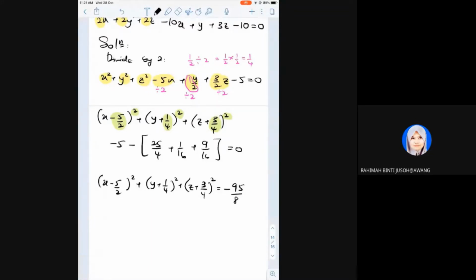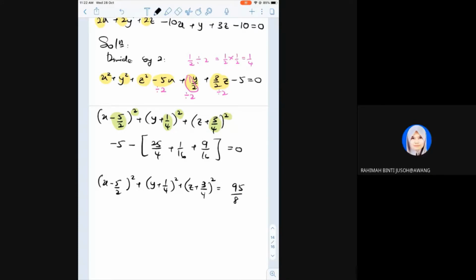Negative 5 minus 25 over 4 and then plus 10 over 16. Oh, jadi positif lah kan? Okay. Positive 95 over 8. Everybody got this?